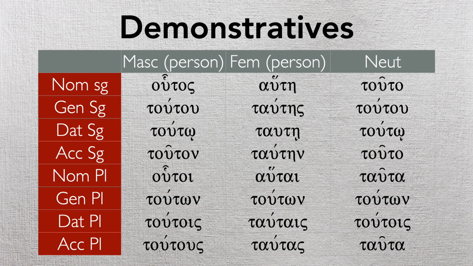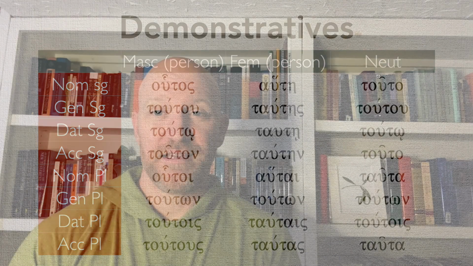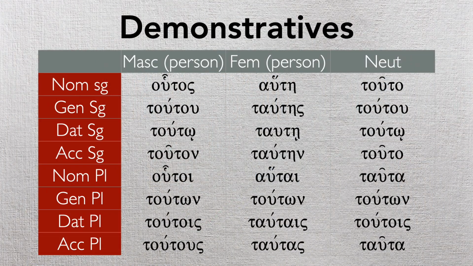Now, as you look at this, notice that almost all of them start with what letter? Yeah, tau. You see that? Okay, so we get houtos, we'll come back to that in a second, but you see toutou, touto, touton, and then houtoi we'll talk about in a second, and then toutōn, toutois, toutous, okay? That's our masculine demonstrative of houtos.